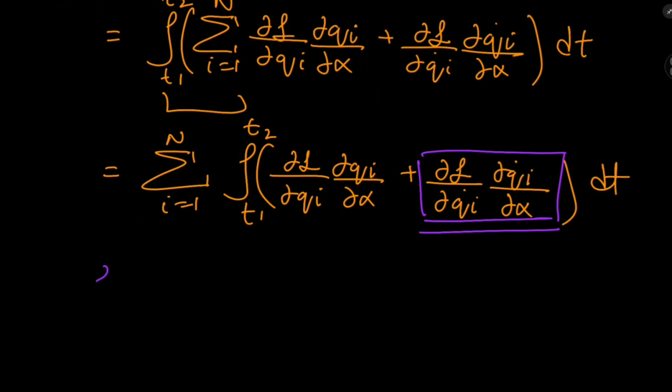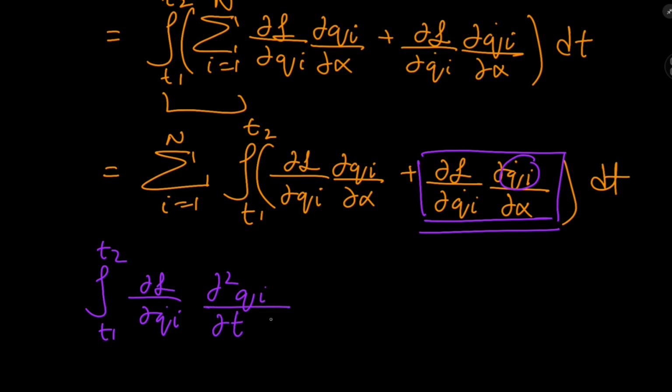So let me just single this out as the integral from t1 to t2 of partial L by partial q dot i, and q dot is the derivative of q_i with respect to t. So I could write this as a mixed second partial of q_i with respect to time and alpha.